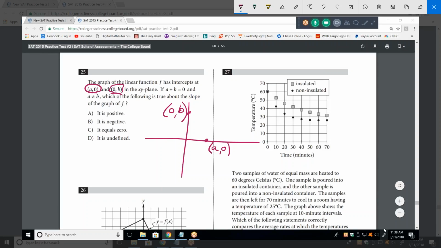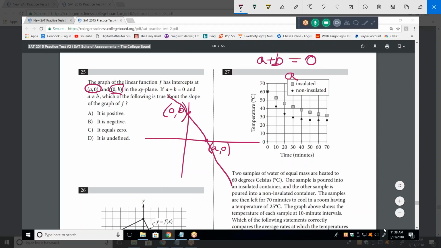Okay? Now, I know that that's that, but I don't really know that A is positive or B is positive. In other words, A actually could be on the other side of the y-axis, and I would have a different slope line, right? In other words, they didn't say A was a positive number. However, they do say A plus B equals 0.